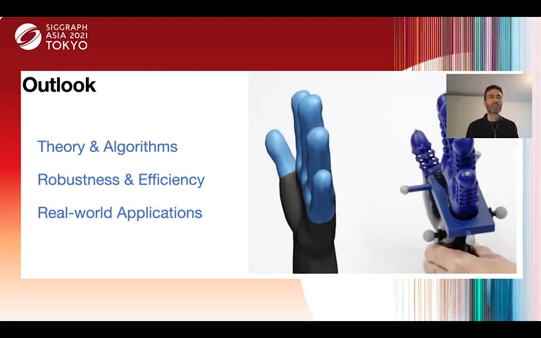So understanding the theory behind it is a very active topic, but also a very interesting one, developing new algorithms, dealing with issues like robustness and efficiency. And then ultimately, I think also this goal that I've just hinted at, bridging the gap from synthetic applications to the real world, that is a very challenging step for many applications, and one where many interesting challenges exist.